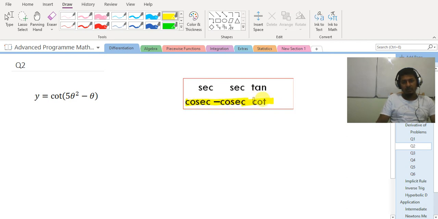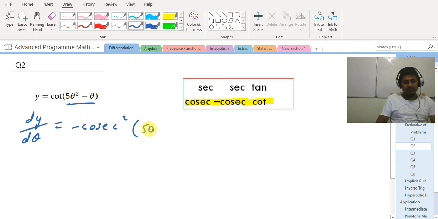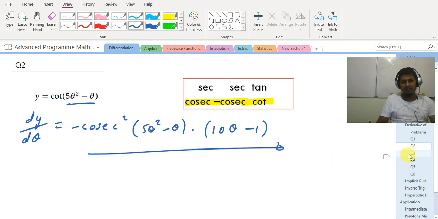So dy d theta, remember we're finding the derivative with respect to theta, is equal to negative cosec squared of the argument, which is 5 theta squared minus theta, times the derivative of the inside, which is 10 theta minus 1. And of course you can take this and bring it in the front, so it becomes negative (10 theta minus 1). Write it in neat form. I'll just leave the answer like this.